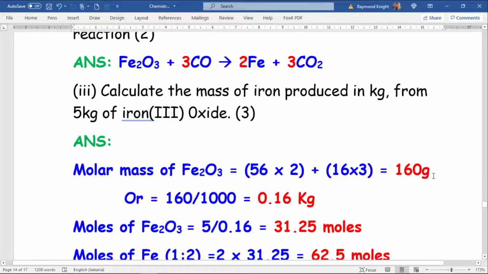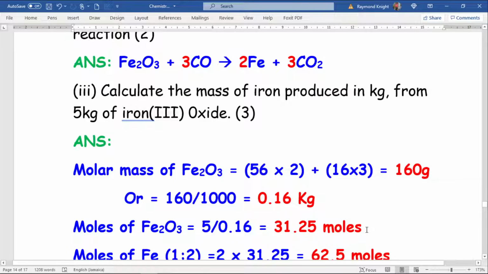The 160 grams you can convert into kilograms by dividing by 1,000, and you get 0.16 kg. Now you can find the moles. Remember the mass given is in kilograms, so 5 kg divided by the molar mass in kg as well, you get 31.25 moles.